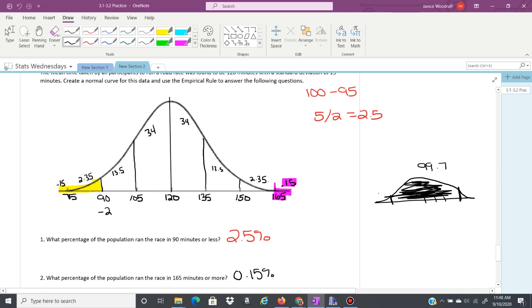Okay, to figure out what's missing here and here, we need to do 100 minus 99.7, which would give us 0.3. And then 0.3 would be what's left, which means I've got to split it onto either side of the curve. So if I divide that by 2, that gives me 0.15 here and 0.15 here. Okay, so drawing the curve out and visualizing where that number is really going to help us when we do these problems.